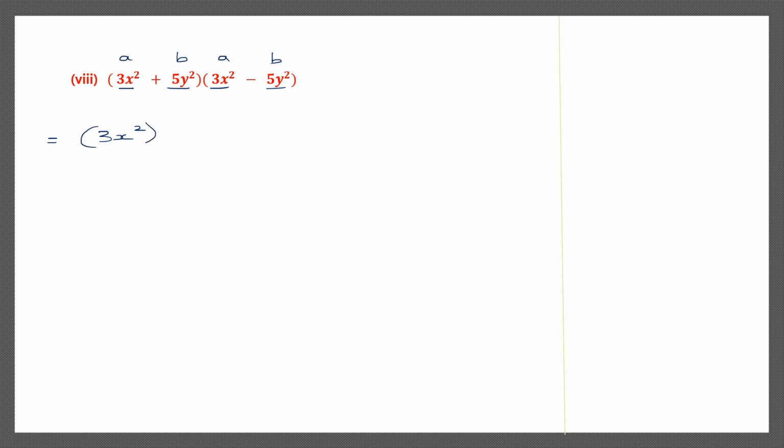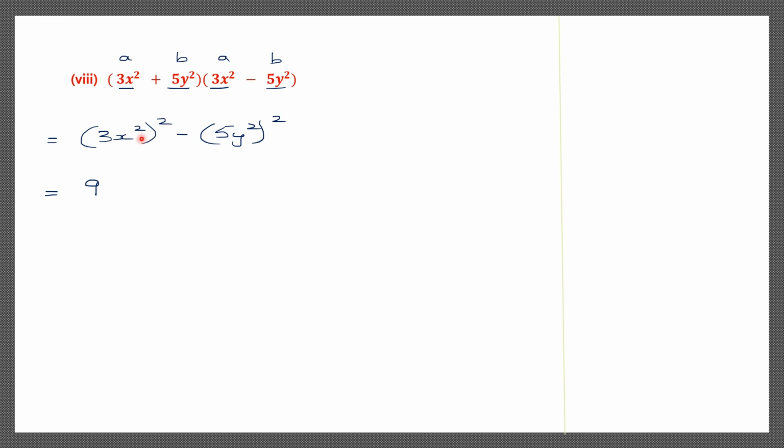Now the square of this minus b square means let's write b first. b is 5y square. Now the square of this will make it a square minus b square. Now each one inside should be squared. So 3 square means 3 into 3. 3 threes are 9. Then we have x square raised to the power of 2. So whenever you have a power raised to another power, remember you must multiply.